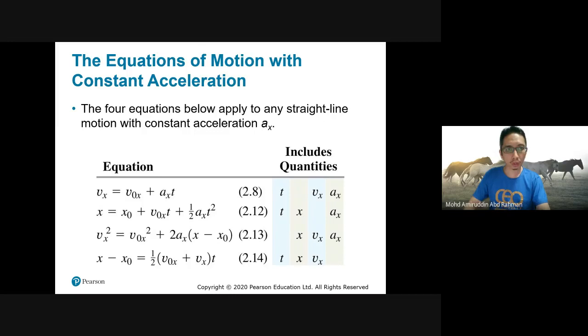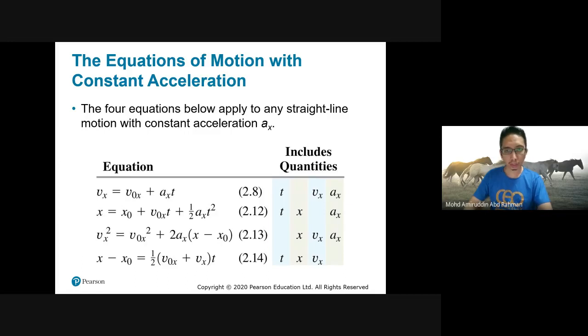From previously, we have Vx, the velocity at any location, equals V naught x, the velocity at the starting position where we are measuring initially, plus ax t, where t is the time that has elapsed.